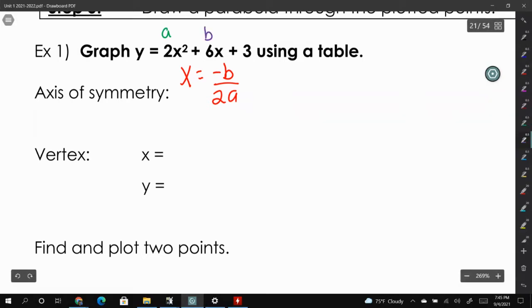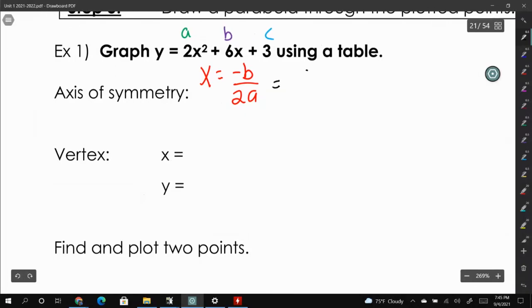Our b value is always the number that is paired with x to the first power. So that 6 is our b value, and then 3 is c. All right, so then negative b, so negative 6 over 2 times a, which is 2, which is negative 6 over 4, and that simplifies to negative 3 over 2.